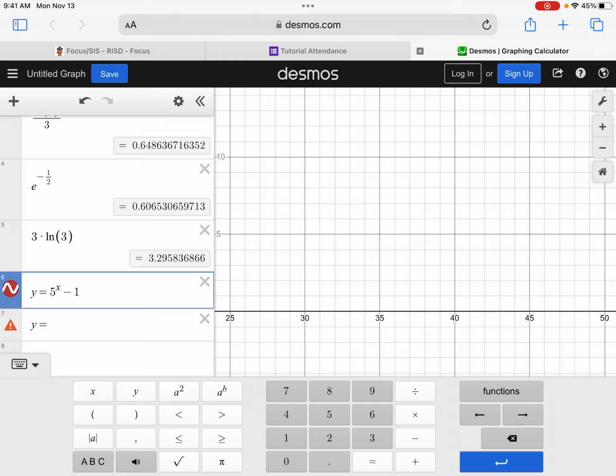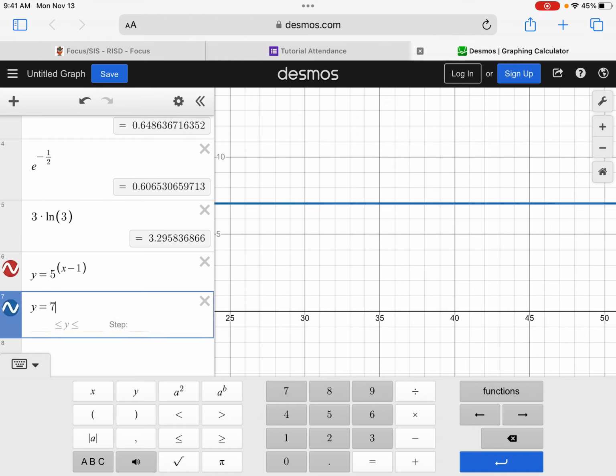Okay, now this is a quirk of Desmos. It put the minus 1 outside of the exponent. I need it in the exponent. So here's what we need to do. Use a parentheses and then put the x minus 1 in the parentheses to keep it in the exponent.